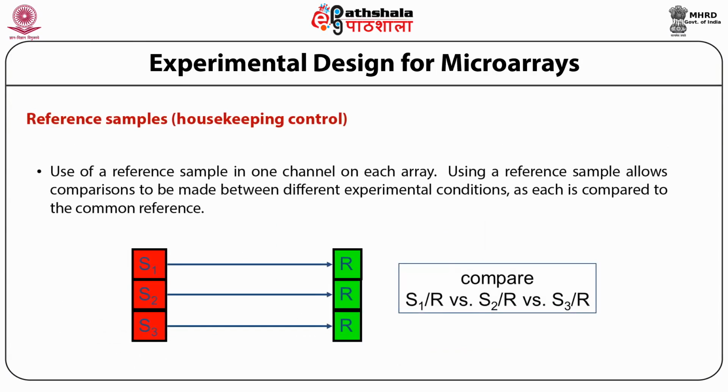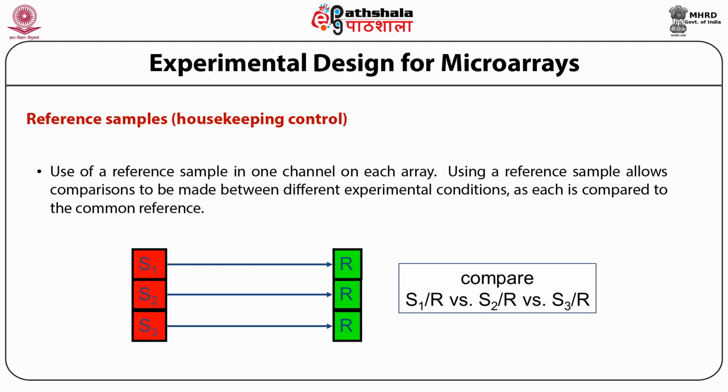So for the experimental design for microarrays, of course we are going to use reference samples and housekeeping controls. This is very important because we need to make sure that a few genes really don't alter. That gives us a kind of benchmark to understand that there is a background control, and anything altered over that control is the real thing.